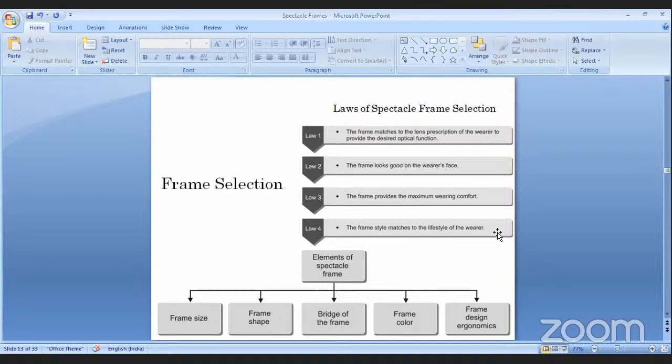The increasing complexities of lifestyle and ever-changing aspiration values have changed the way people look at their eyewear or spectacle frames. Today in modern society, eyewear is no more a tool to hold the lenses only. They are also fashion accessories. A spectacle frame has to look good and also provide maximum wearing comfort.